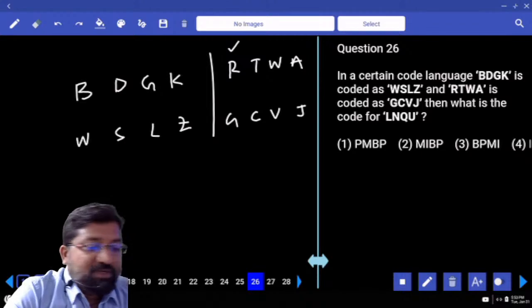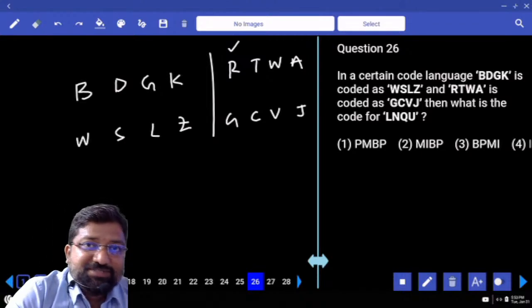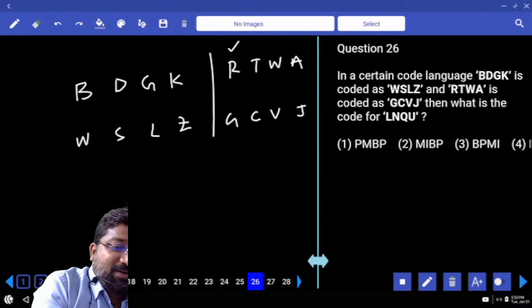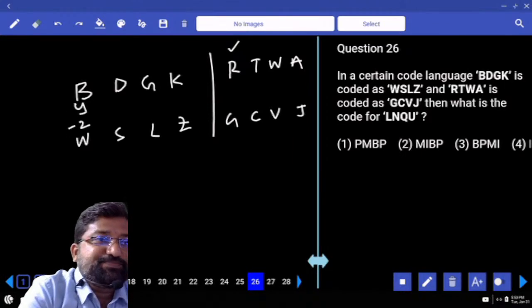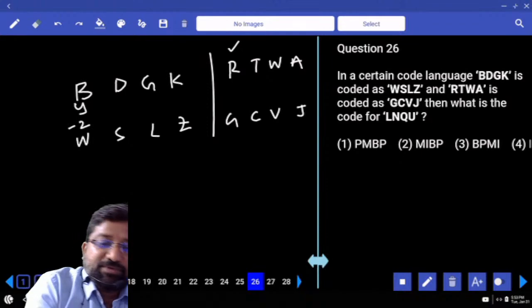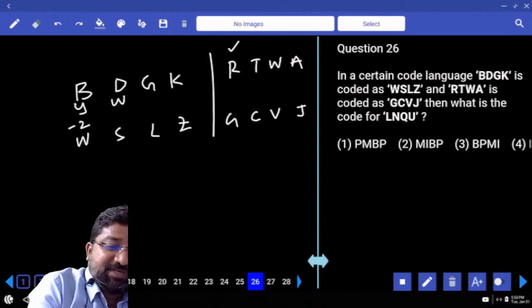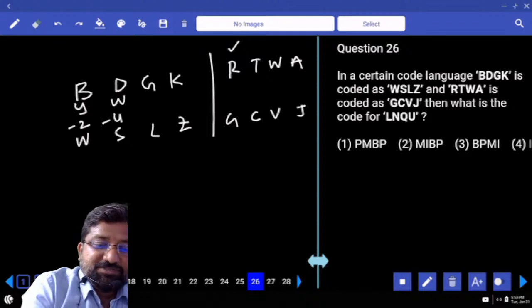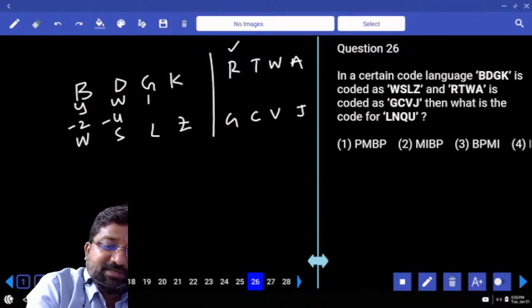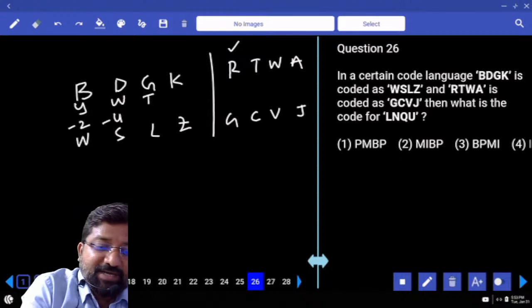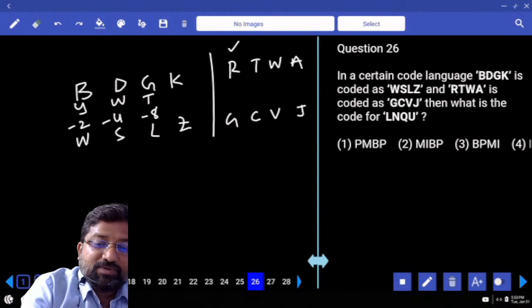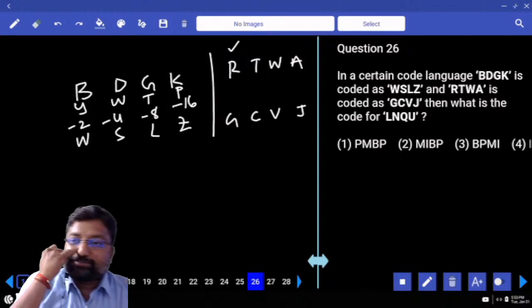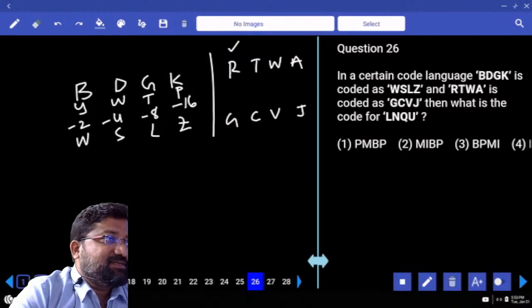What's the exact logic for this question? The opposite of B is Y, minus 2. The opposite of D is W, W is 23, minus 4. The opposite of G is T, and this is L, which is 12, minus 8. 2, 4, 8, the number is getting doubled. What is opposite to K? P. P minus 16 is Z. Is this clear?